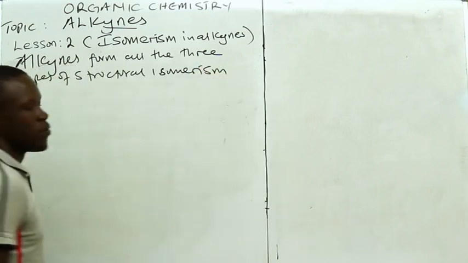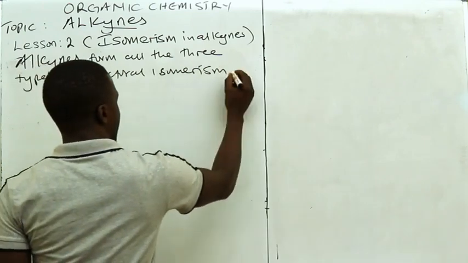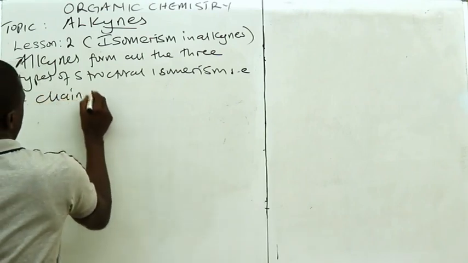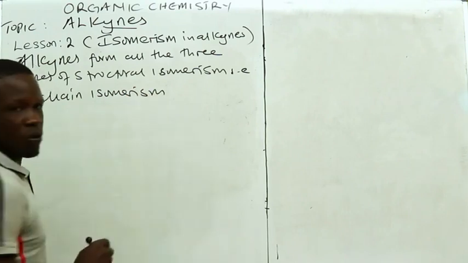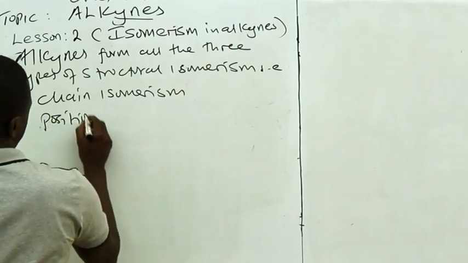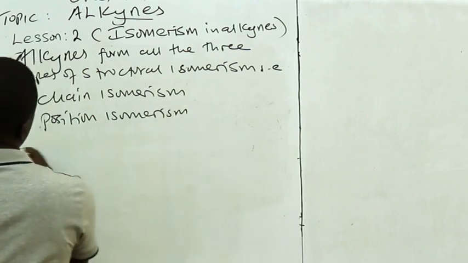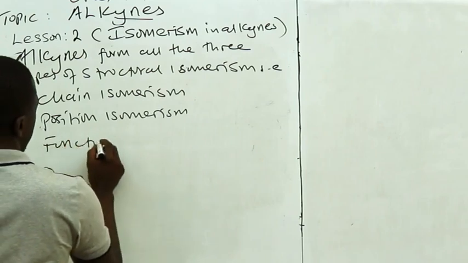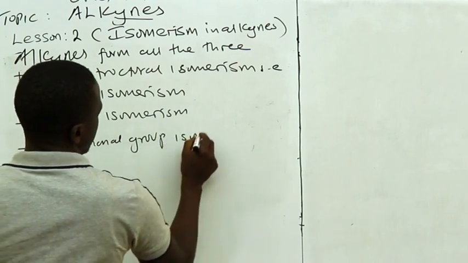And that is, there's what we call chain isomerism, but there is also what we call position isomerism, and there is also what we call functional group isomerism.